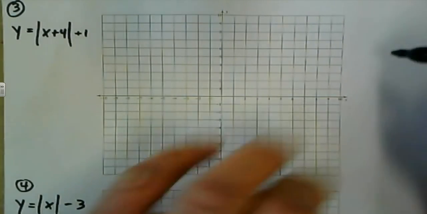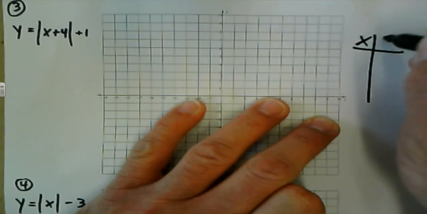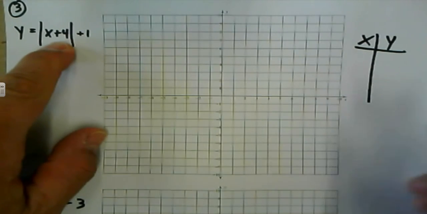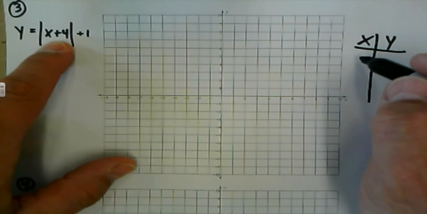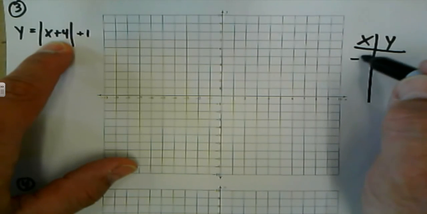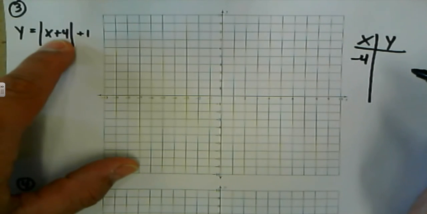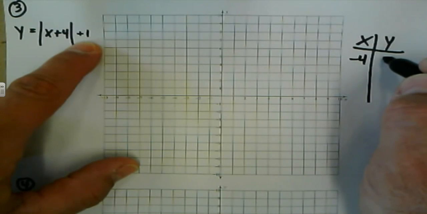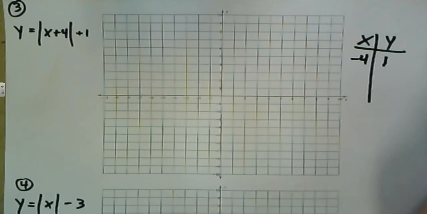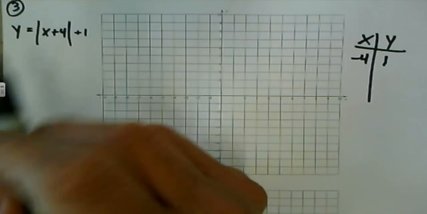I'm still going to make you draw an XY chart over here. My first dot's going to be what? What is my X, first X? Negative 4. Does everybody understand that? I change it. Now I'm going to leave the next one, and it's going to be what? 1. Change it, leave it.